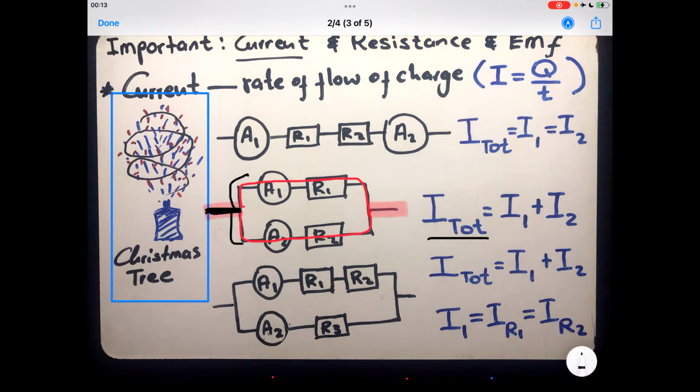The current passing through there is actually thinner when you compare it with the current passing through there, because it has split in two ways. The current flowing through this side, when you add it with the current flowing through that side, which is the current passing through ammeter 2, is equivalent to the total current.